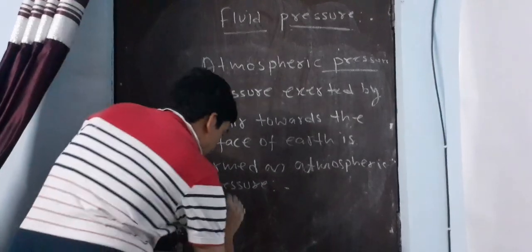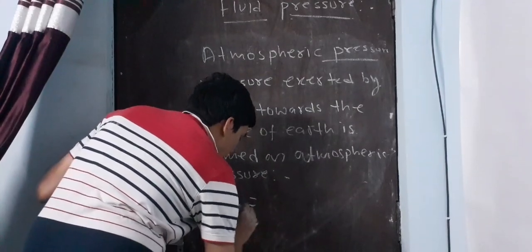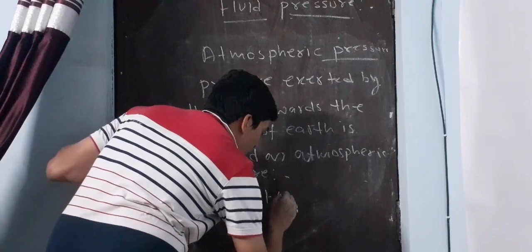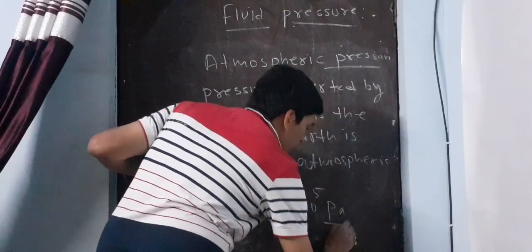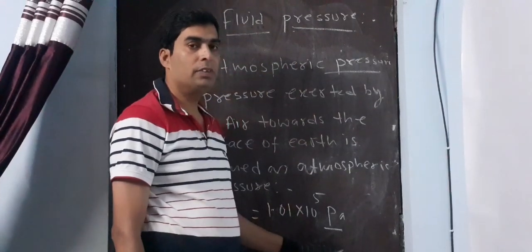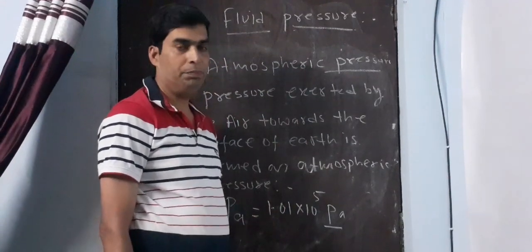Generally, the value of atmospheric pressure near the surface of Earth is 1.01 into 10 to the power 5 Pascal. Is it necessary to ask what a Pascal is? That is the SI unit of pressure.